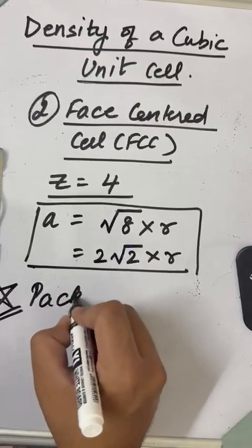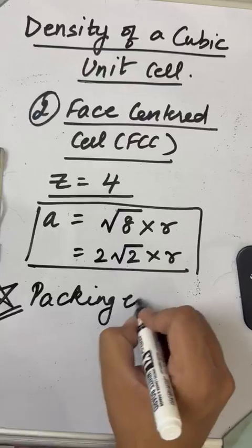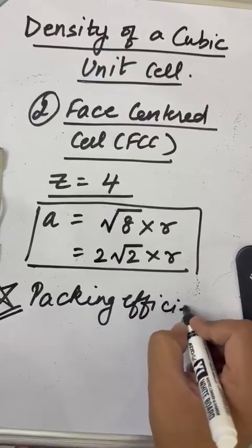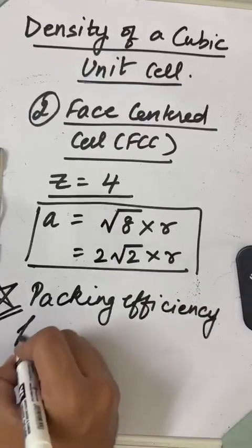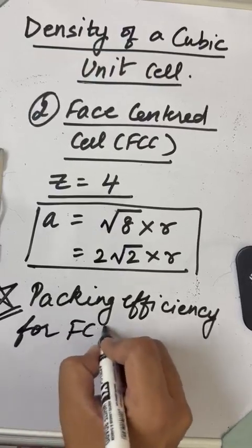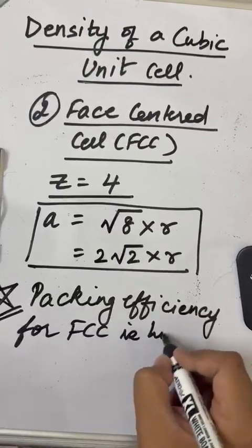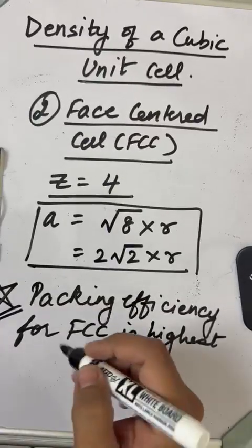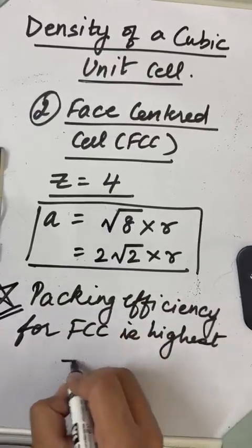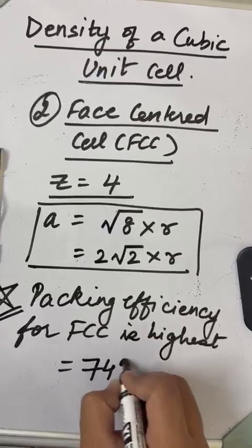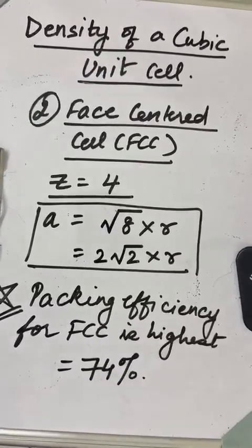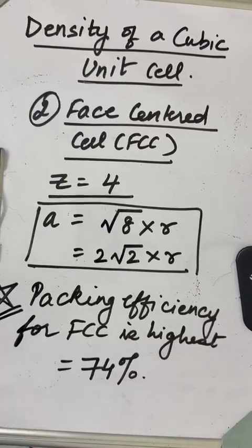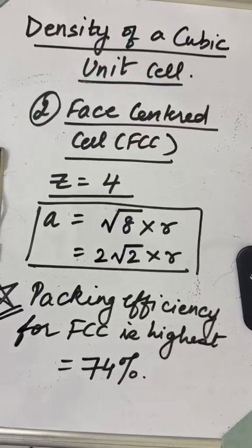Packing efficiency for FCC is highest among all the three configurations in case of a cubic unit cell structure, which is 74%, which means that in case of a face-centered cell, 74% of the cube is filled, and only the rest of it, which is 26%, is empty.